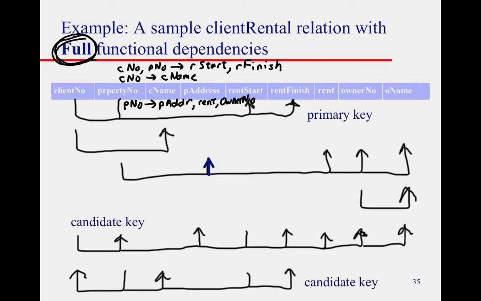Okay, and I could put here owner name, but what's the problem with putting owner name in there? Yep, owner number actually determines owner name, and I said that we don't explicitly represent transitive dependencies. So we don't include owner name in there because that would be explicitly representing a transitive dependency.